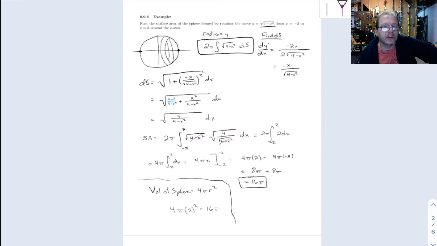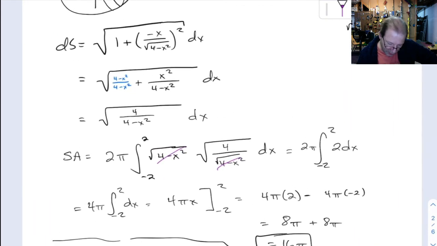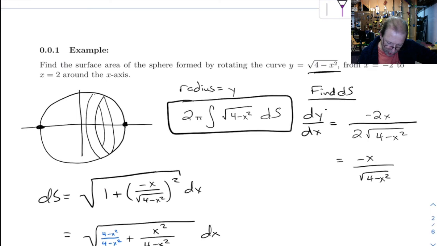But this would be really good if you wanted to find the surface area of just a part of this sphere. Instead of going from negative 2 to 2 and getting the whole thing, you could find just the surface area of, say, from 1 to 2. That would give you the surface area of this little cap of the sphere.